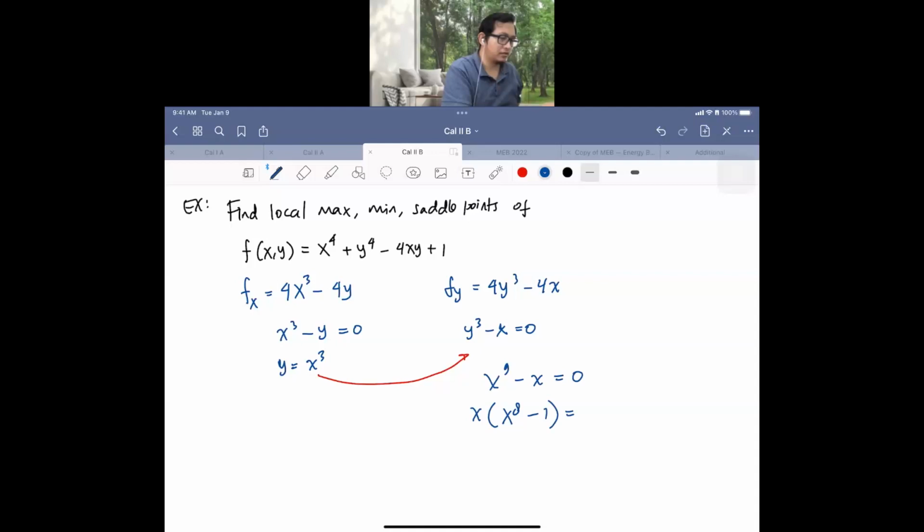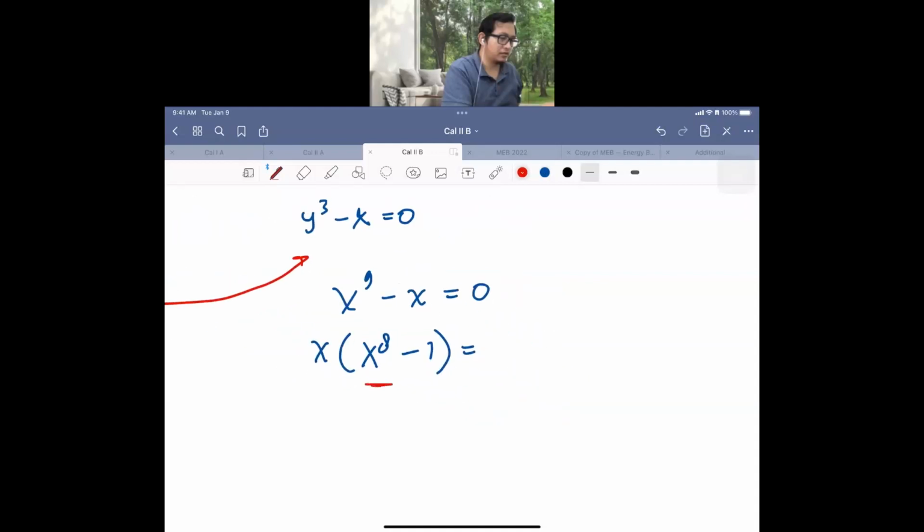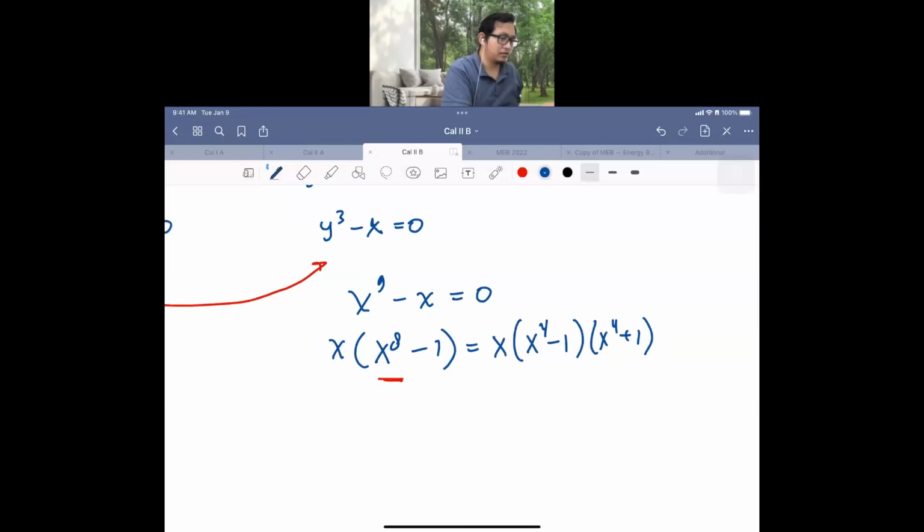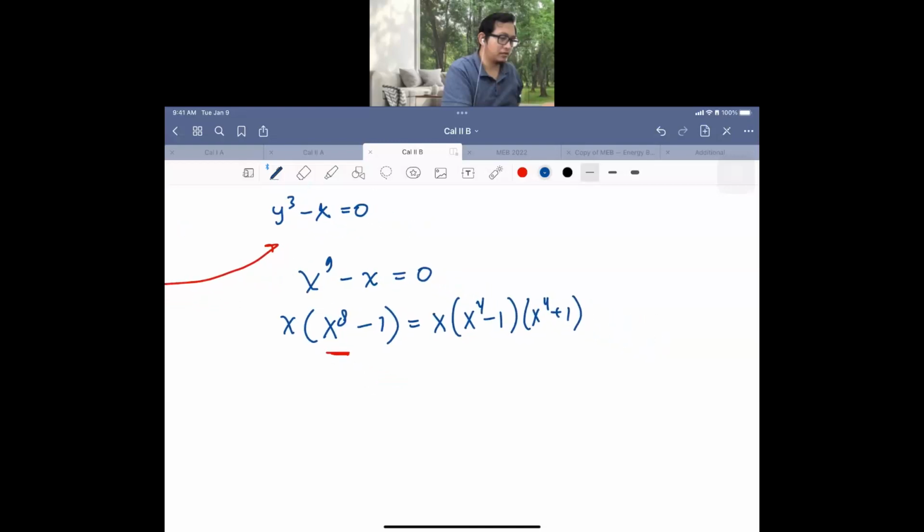equals 0, we can factorize this, okay? We can factorize through x^4 plus 1, and every time we have the difference of squares, we can factorize further. Now from here, we can have 3 real solutions.